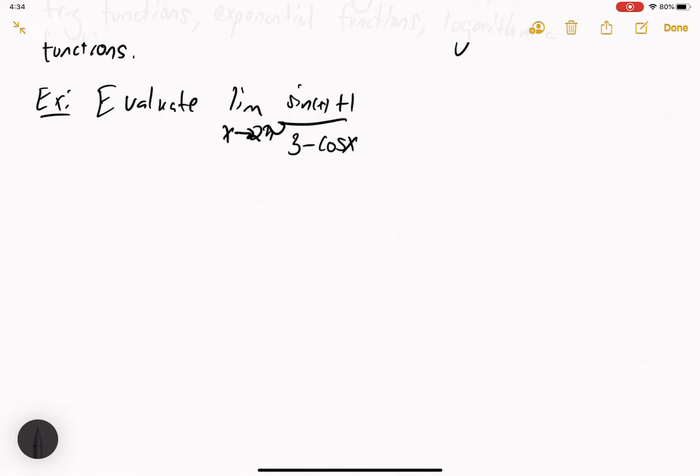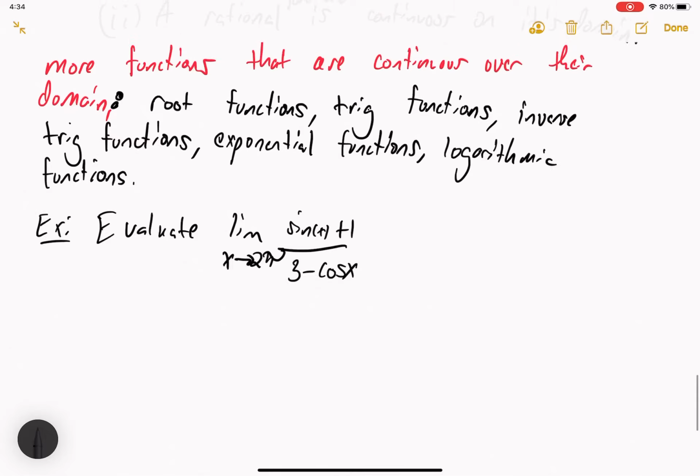We want to evaluate that limit. What I just said is that trig functions are continuous everywhere, on their whole domain. We can plug in 2 pi into sine of x and cosine of x, and we get actual nice numbers, so it's pretty nice.